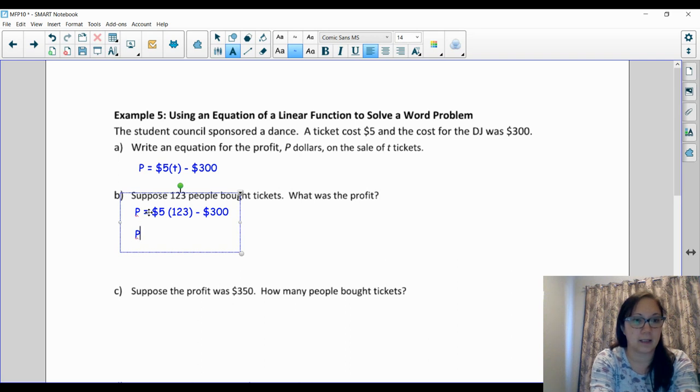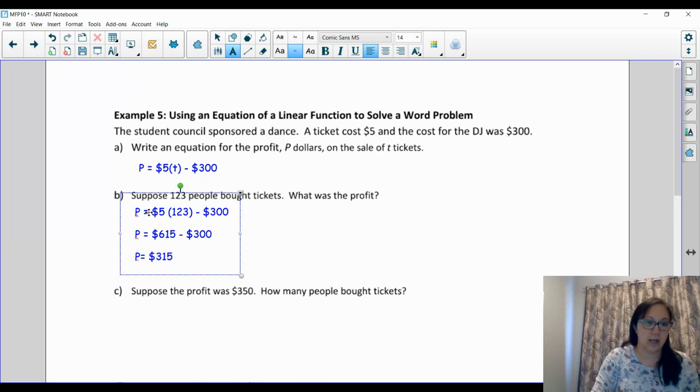So the profit here is going to be P equals, and when we multiply 5 times 123, we get 615. And we're going to take off $300. And so we get a total profit of 615 minus 300 is $315. Okay, so this dance would have made $315.